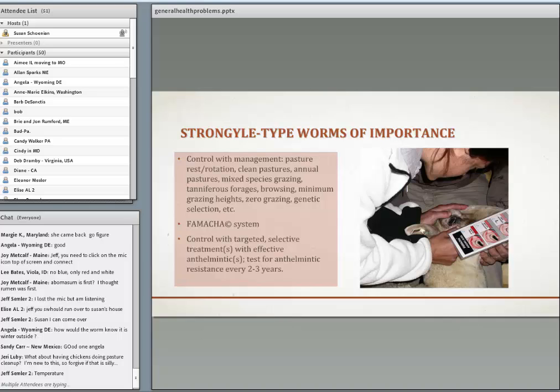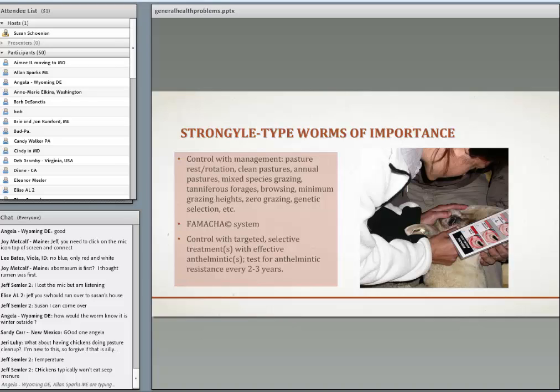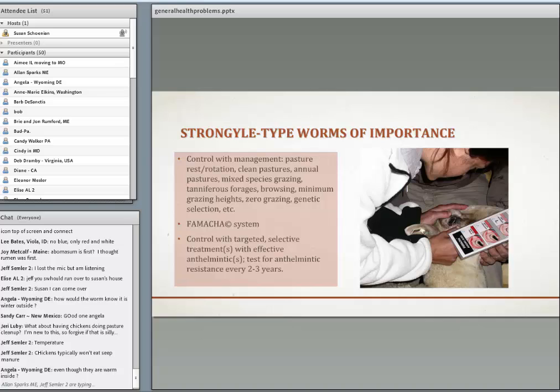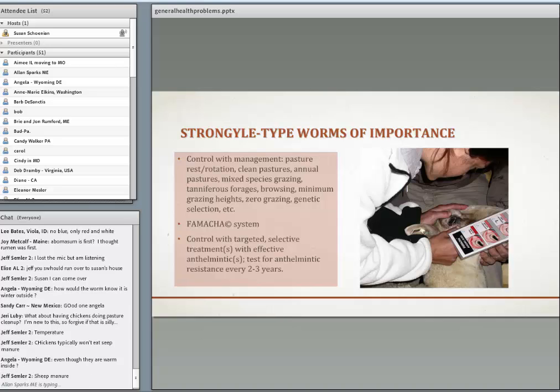Annual pastures, same concept, clean. Mixed species grazing, and here I'm talking more about beef cattle and horses. They don't share the same parasites. Forages that contain condensed tannins, things like Sericea lespedeza, bird's foot trefoil, chicory. Browsing, you know, a goat is not a grazer, it's a browser.